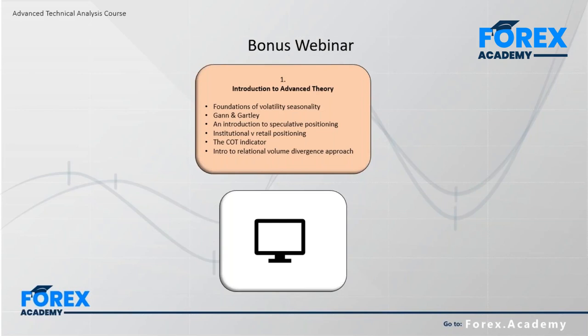There's also an introduction to speculative positioning. We look at the differences between the institutional and the retail trader, as well as what institutional and retail positioning is all about, the COT indicator, and also an introduction to the relational volume divergence approach.